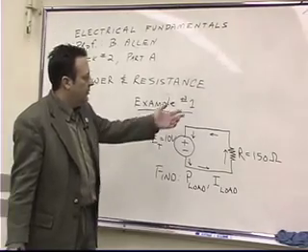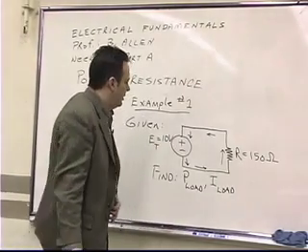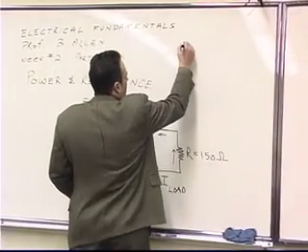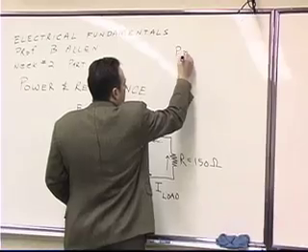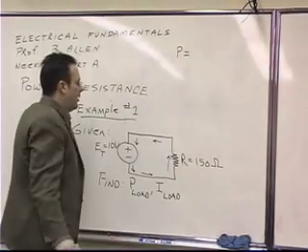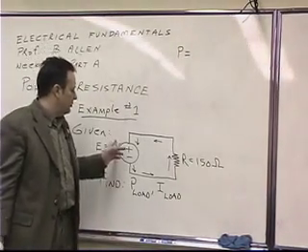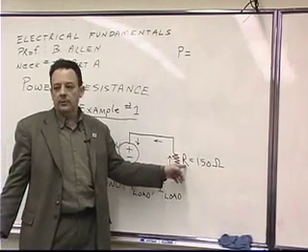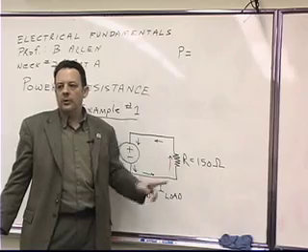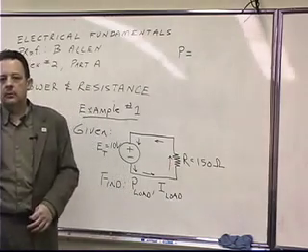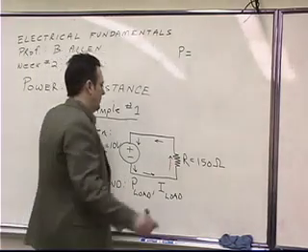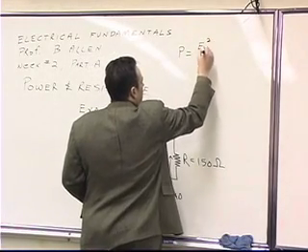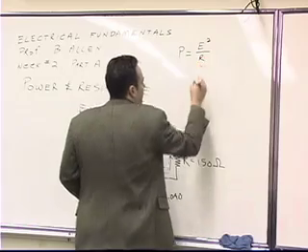So if we move up to the upper part of the screen here, if we look for a formula in the Ohm's law wheel that says power is equal to something in terms of voltage and resistance, what formula do we see? E squared divided by resistance. E squared, which is voltage squared divided by resistance.